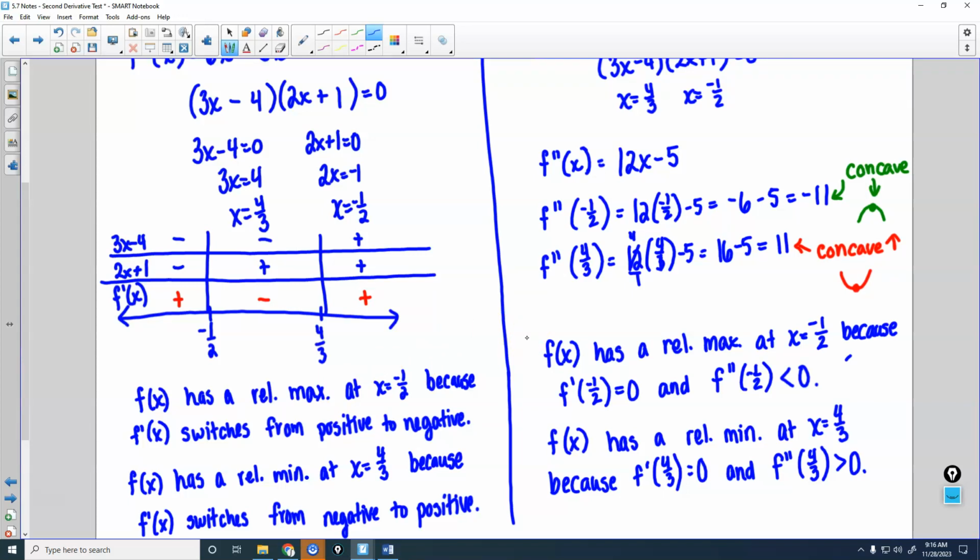Okay, questions? So if you were to see this question on a free response question, these are both valid ways to answer it. You could use first derivative test, or you could use second derivative test, and both are valid ways, and you would get full credit for those.